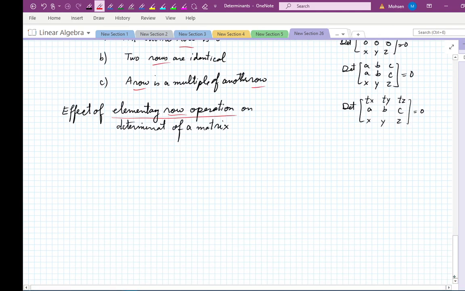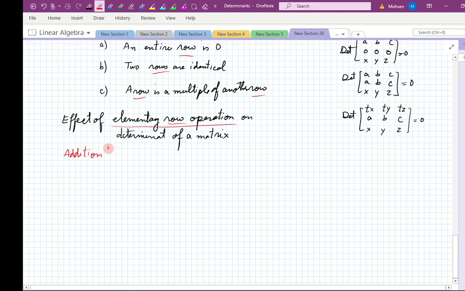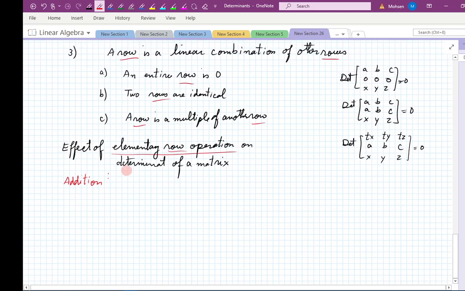Okay, elementary row operations. What did we have? You remember we had 3 elementary row operations. We had the addition type, which was the following: add a multiple of a row to another row. Sorry for my bad handwriting.